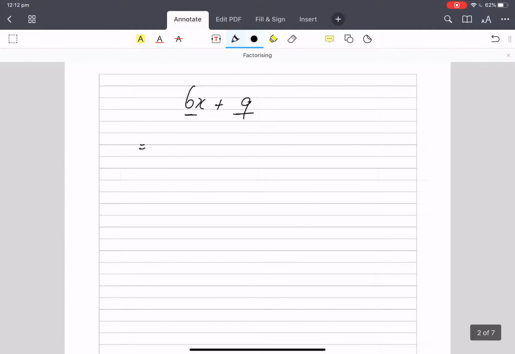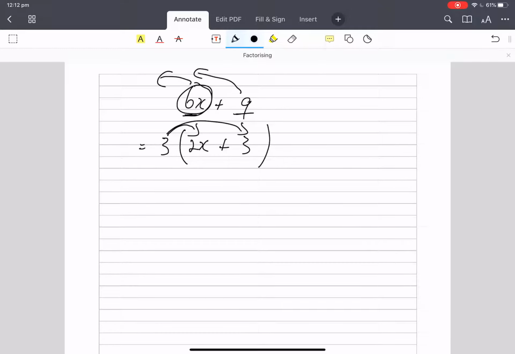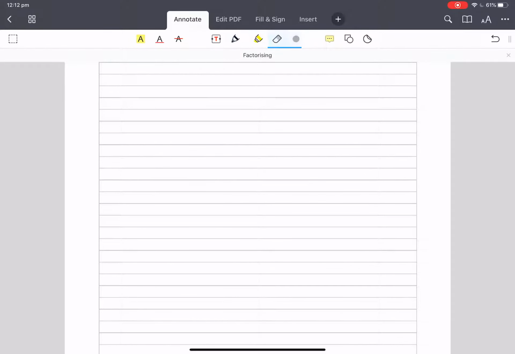But here, the thing common between the 6 and the 9 is I can take a 3 out. When I take a 3 out of that 6x, I leave 2x, and a 3 out of the 9 leaves plus 3. So you can see, if I expand, 3 times 2x is my 6x, and 3 times 3 is my 9. You just get to seeing what can come out.